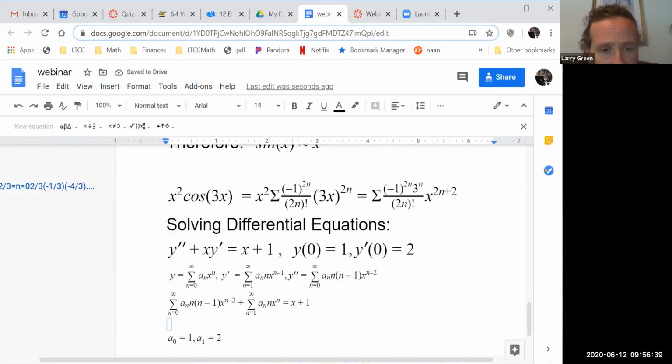If n equals 0 here, you just get 0 on the first one. If n equals 1, we get 0 again. In fact, usually you don't start at 0. That was my mistake. You should start at 2. If n equals 2, you get 2 a sub 2.